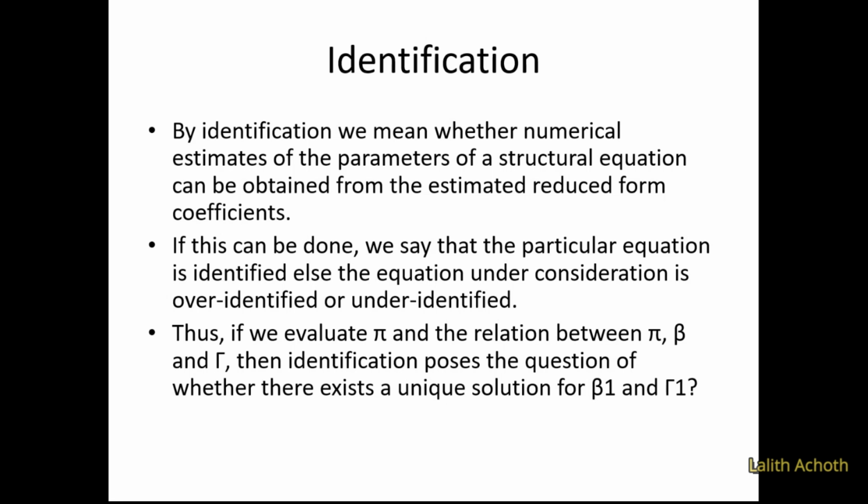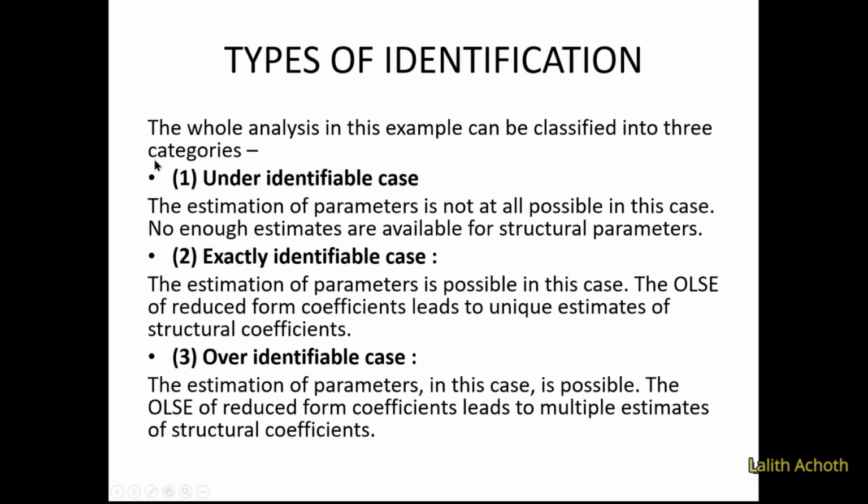By identification, we mean whether the numerical estimates of the parameters of the structural equation can be obtained from the estimated reduced form functions. If this can be done, we say that the particular equation is identified, else the equation under consideration is over-identified or under-identified. Once you go through this process of identification, you will come to know whether the equations are over-identified or under-identified. So there are three types of identification.